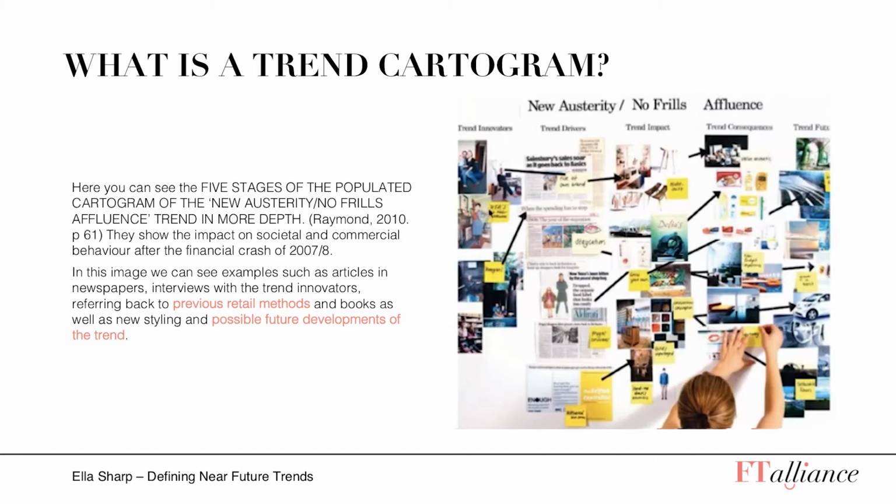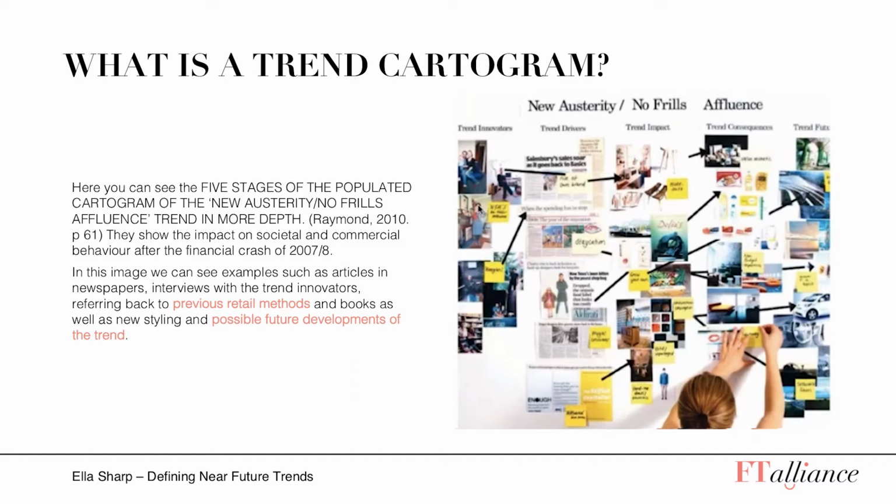And they show in much more detail the impact on societal and commercial behaviour after the financial crash of 2007 and 8. And in this image, we can see examples such as articles in newspapers, interviews with the trend innovators, referring back to previous retail methods and books, as well as new styling and possible future developments of the trend.